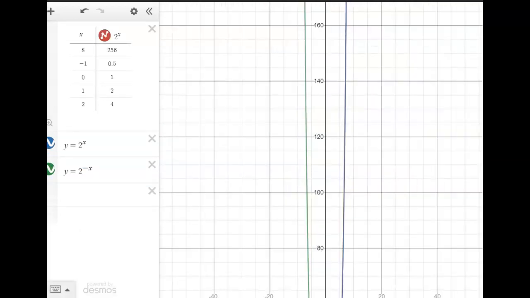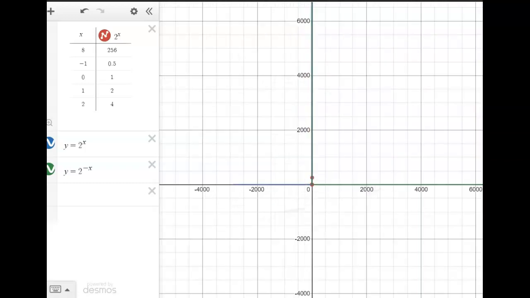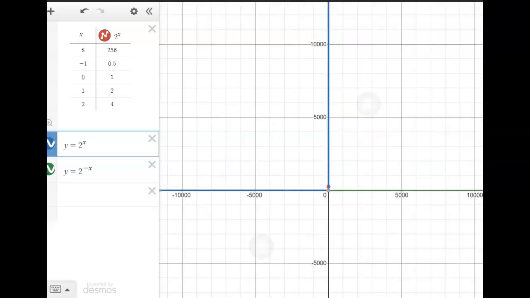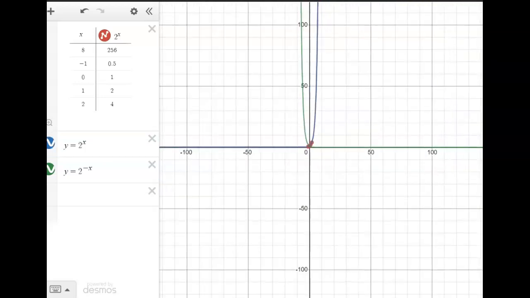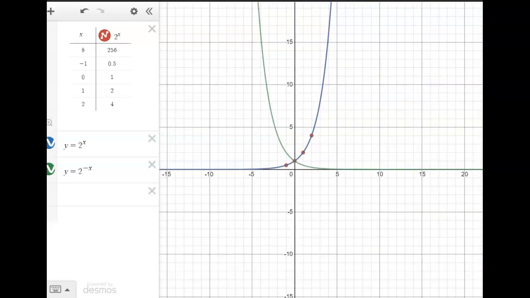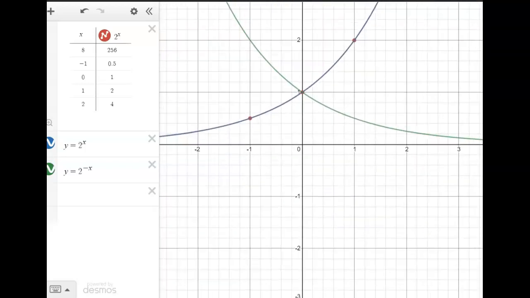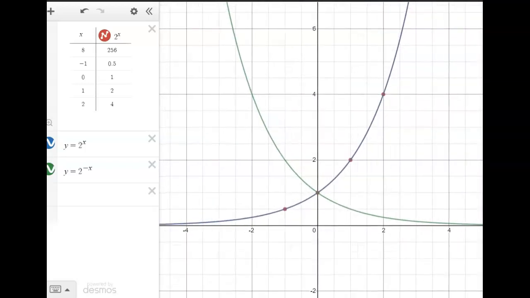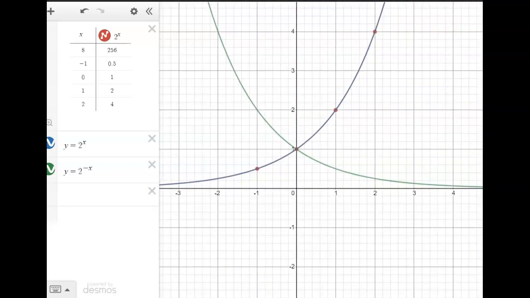I need the standard view, so I'm just trying to zoom in. There we go, that's perfect.